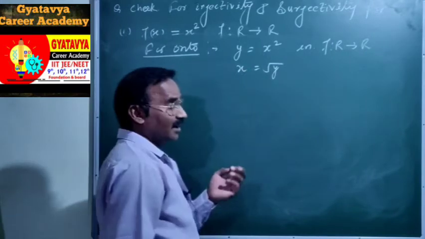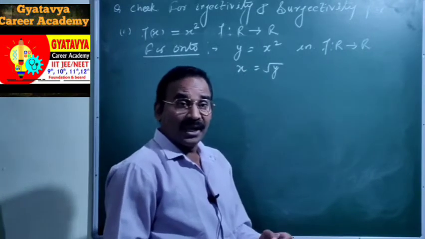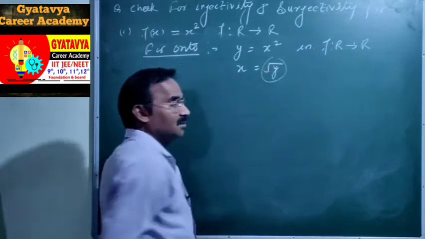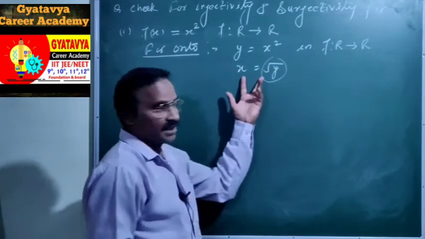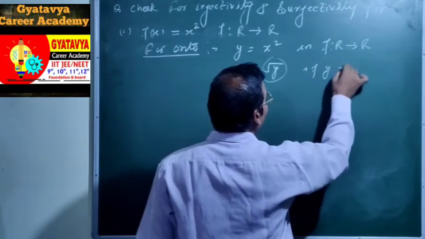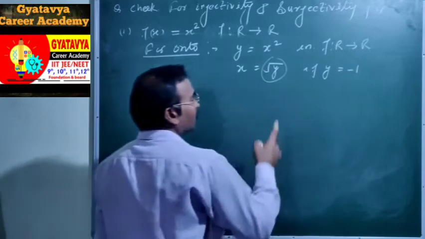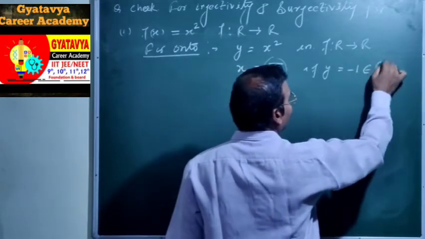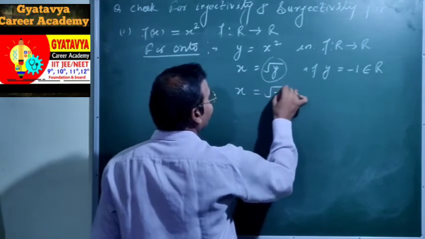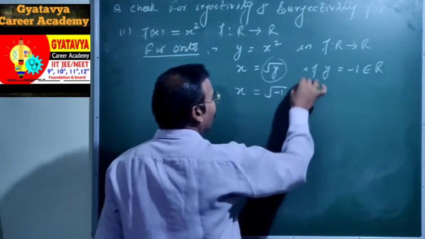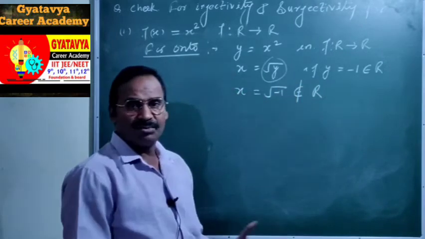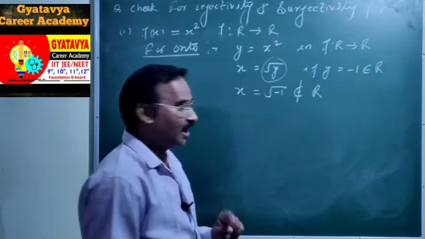If we take any real number, some values are ruled out in this relation. If y equal to minus 1, because this belongs to the real numbers, then x equal to root of minus 1, and root of minus 1 doesn't belong to the real numbers.